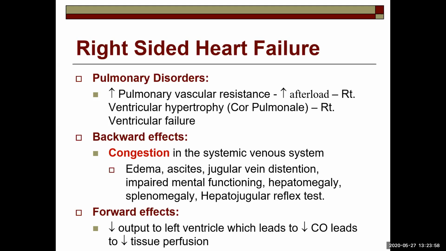So right heart failure eventually can cause a left heart failure or decrease in cardiac output. Splenomegaly, hepatojugular reflex test, and that is when you push on the liver, and then eventually you see a pulsation in the jugular vein because of the fluid all over your body.